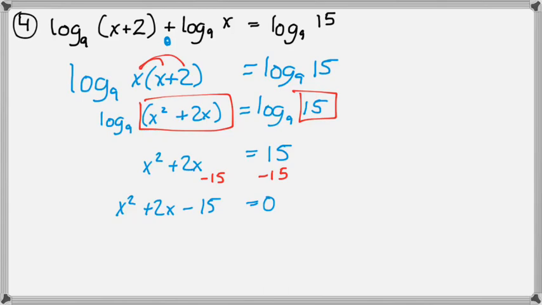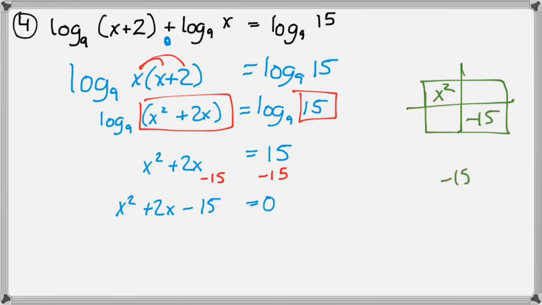I'm going to use the box method to help me solve this. If you remember right on the box method, we're looking to see what factors. And so the x squared would go here, the negative 15 would go here. What numbers are going to multiply to give me negative 15x squared that will combine to give me a positive 2x?